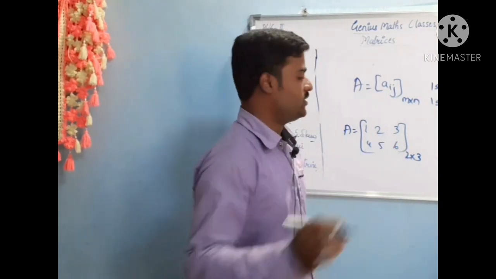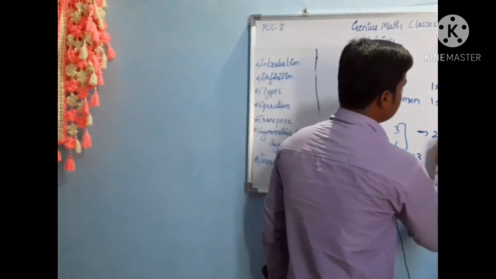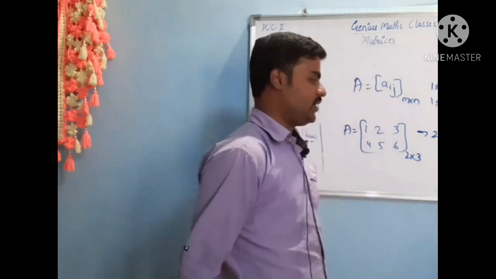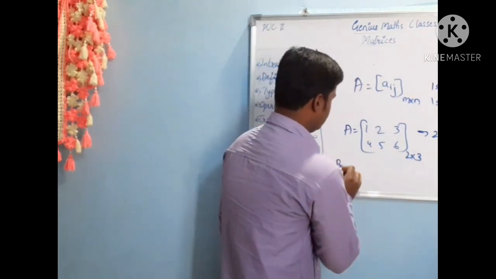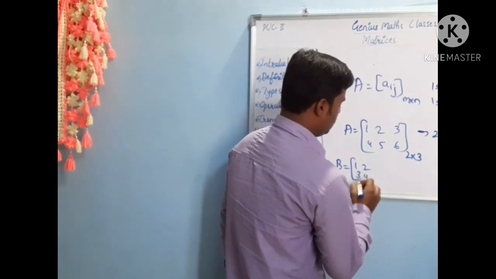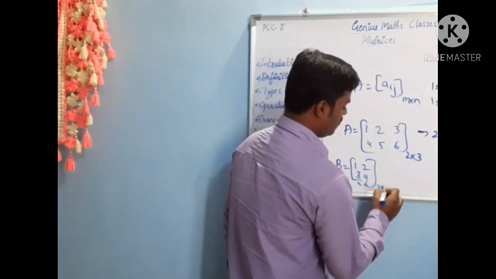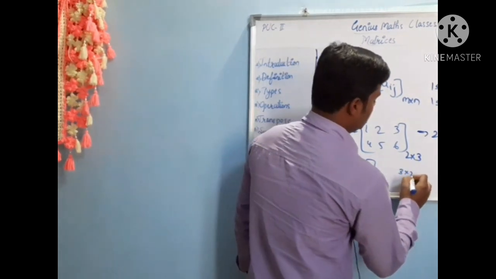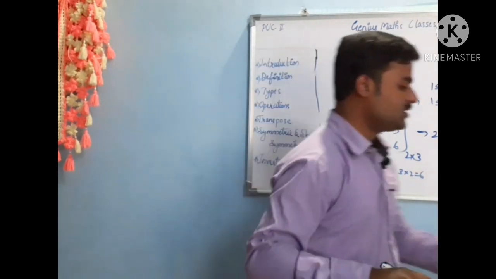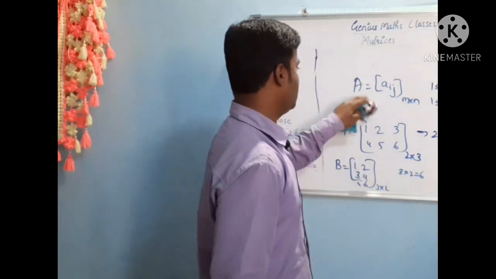There are 6 elements, that is 2 into 3 equal to 6 elements. Similarly, one more, 1 2 3 4 5 6, this is 3 cross 2. So there are 6 elements here also. Using this, in general, how many elements does this A have?